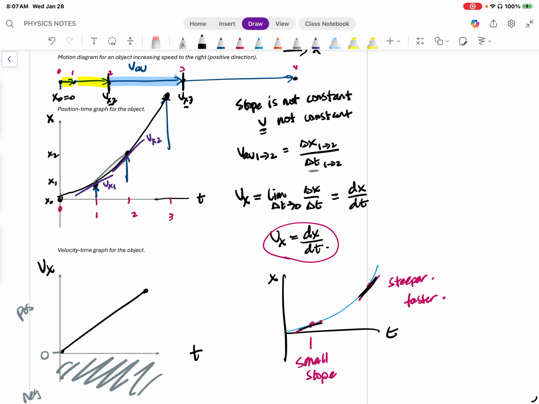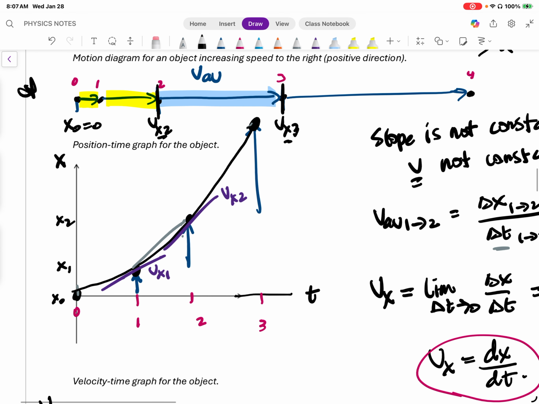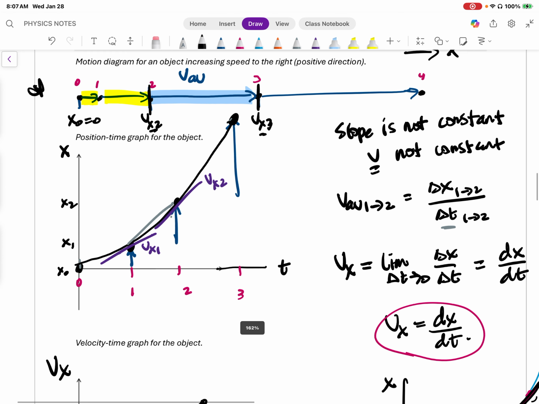And again, this would connect back to that motion diagram we had at the top. In the motion diagram, we were showing that as I go from T0 to T4, I think I have labeled there, my speed is increasing, so that the distance between those times is greater, meaning that we are going faster at the end than we were at the start.